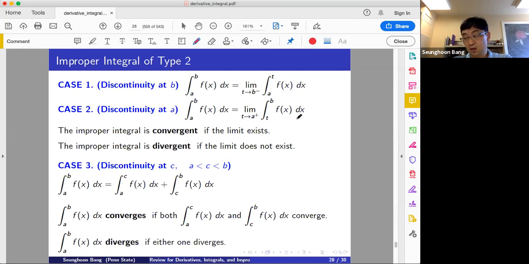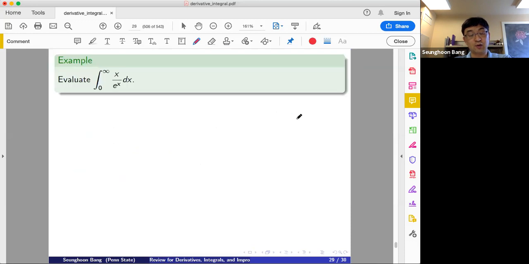Next, we can try to solve two more examples together. The first one, the integral from 0 to infinity of x over e to the x dx. How can you solve these problems? Let me see. Change what? The limit as t approaches infinity.